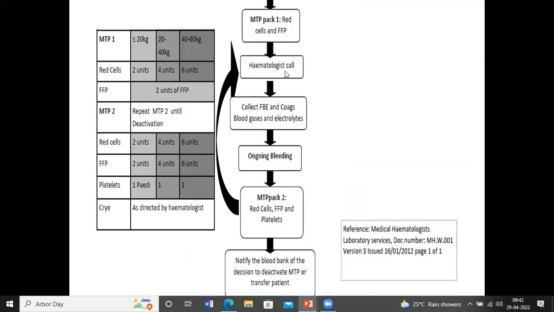And once this is given, the hematologist is consulted to decide on the requirement of the cryoprecipitate. Once this is done, the MTP pack 2 comes over, which contains red blood cells, FFP, and platelet. Unless and until the team leader stops or deactivates the MTP, the blood keeps coming and the patient gets the blood whichever is required.